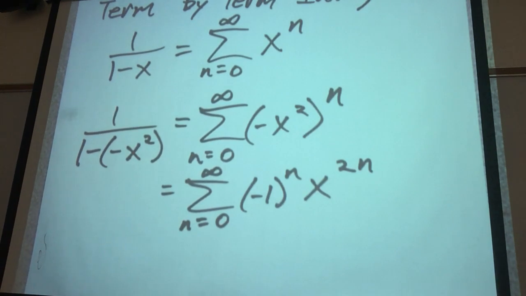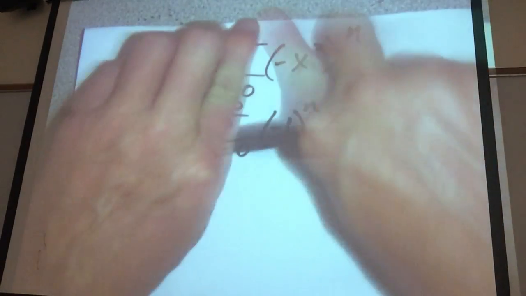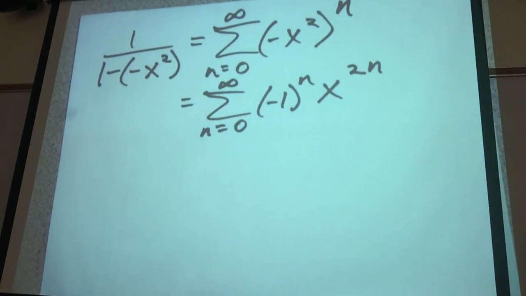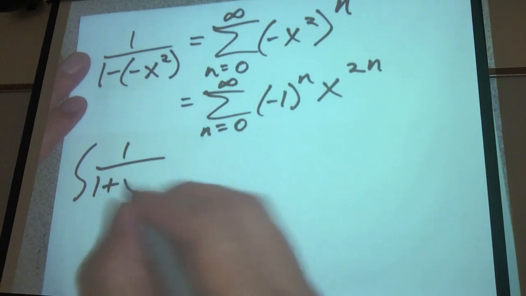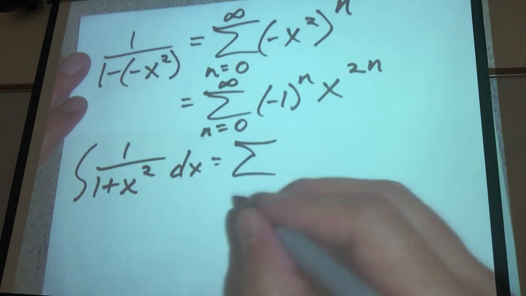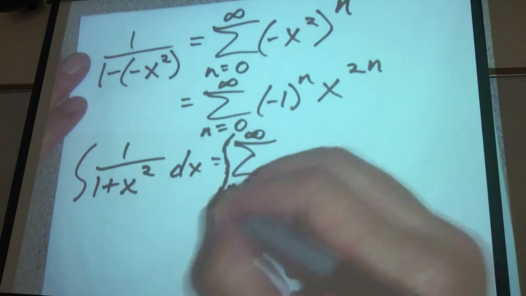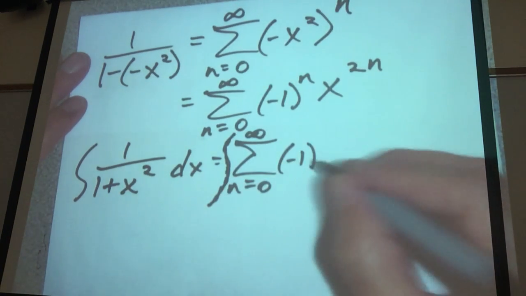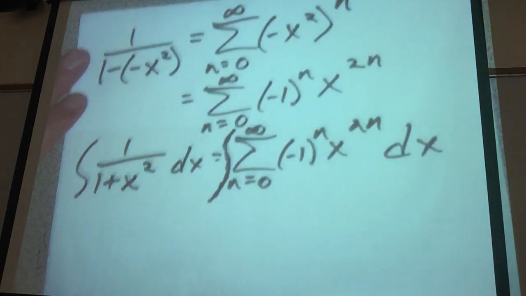And what is another way to write this? It is 1 divided by 1 plus x squared. So the antiderivative of 1 divided by 1 plus x squared with respect to x would equal the sum, n equals 0 to infinity, let's put that integral sign out there, of negative 1 to the n, x to the 2n, and this is going to be an integral with respect to x.